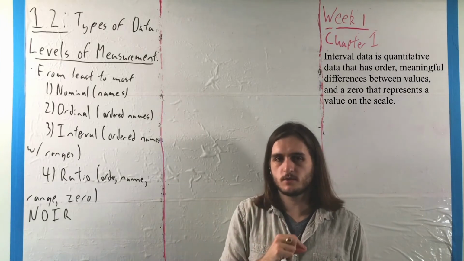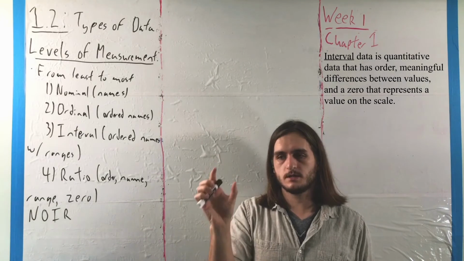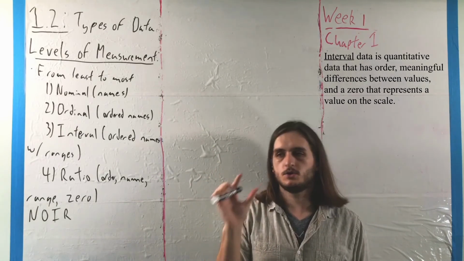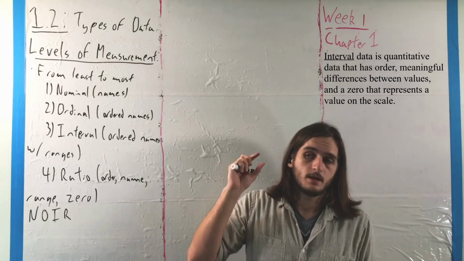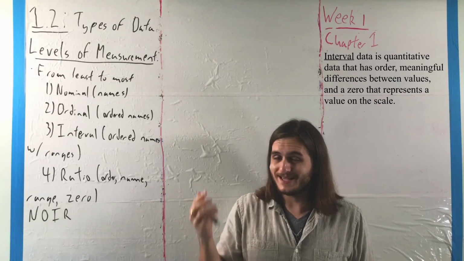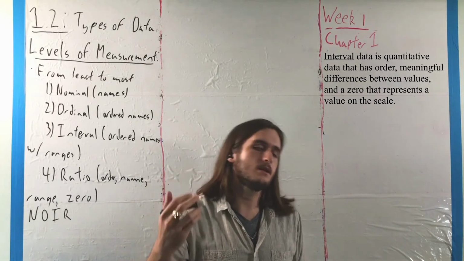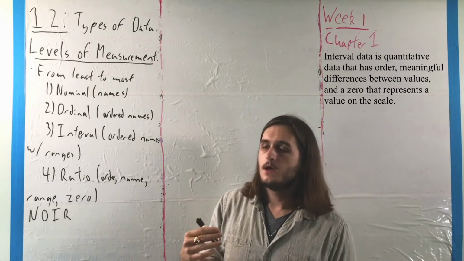The entire interval is meaningful value, and that 40 degrees is consistent. If I look at the comparison from 40 to 80 and then compare it to the difference between 60 and 100, it's the same range, it's the same interval. It has the same meaningful difference between those pairs of points.